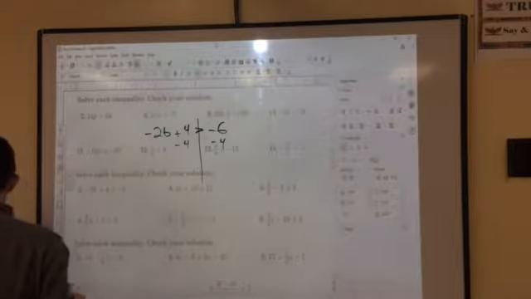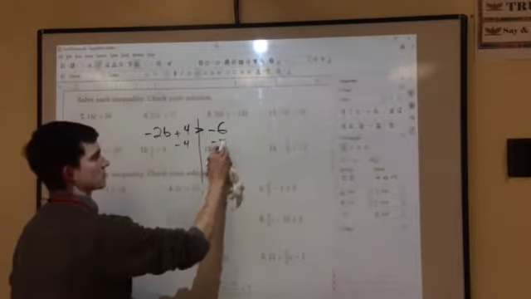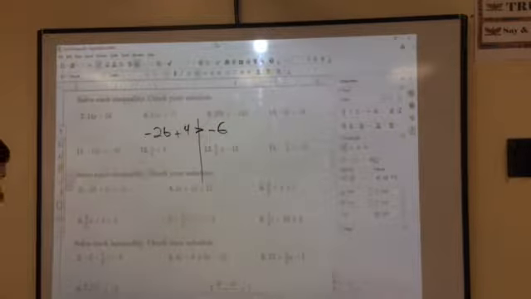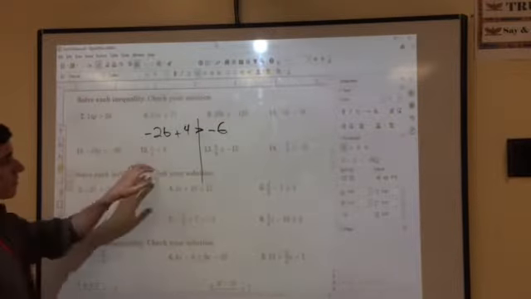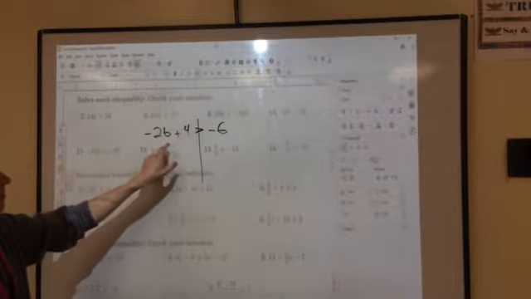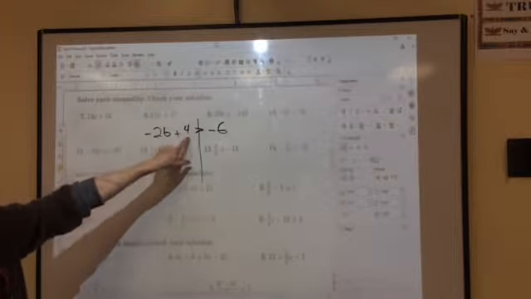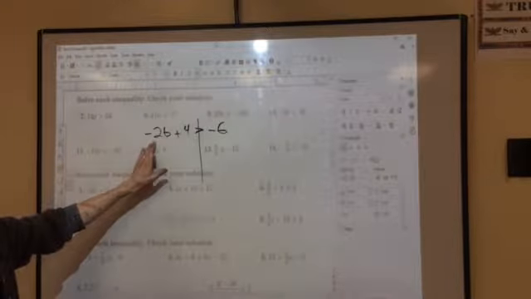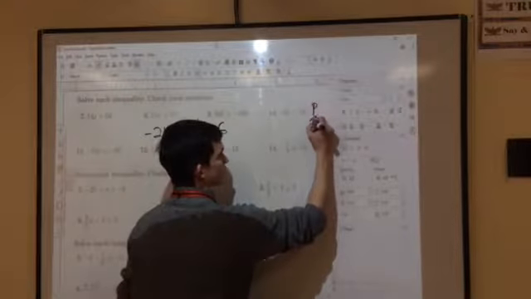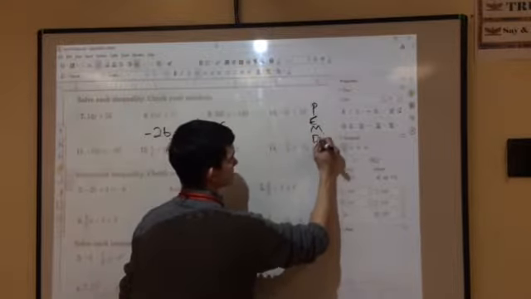Let me backtrack a little bit. So remember I talked about if you're solving a multi-step inequality or equation, it does matter the order in which you get rid of these numbers. So for example, for solving for b, we need to get rid of 4 and that negative 2. And it matters the order in which we do that. So remember I talked about you want to do the order of operations.